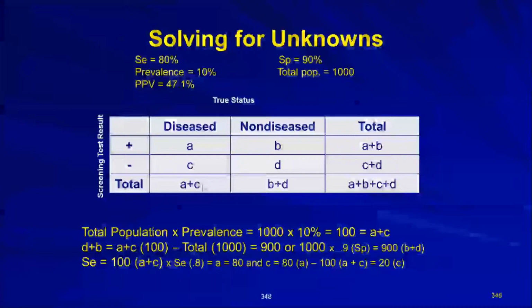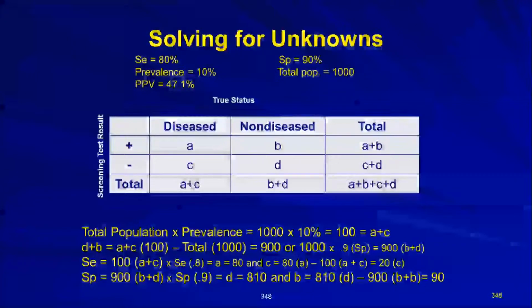Now, when we solve for specificity, we want to take the 900 and we want to multiply that value by 0.9. So when we multiply 0.9 by 900, then we come up with 810. Now, does 810 go into cell B or does it go into cell D?